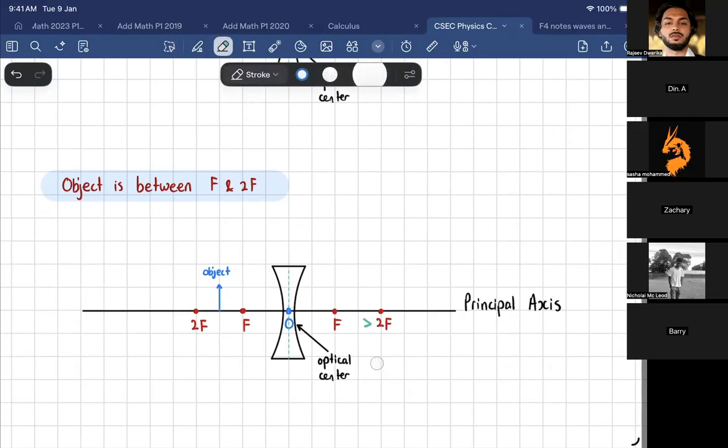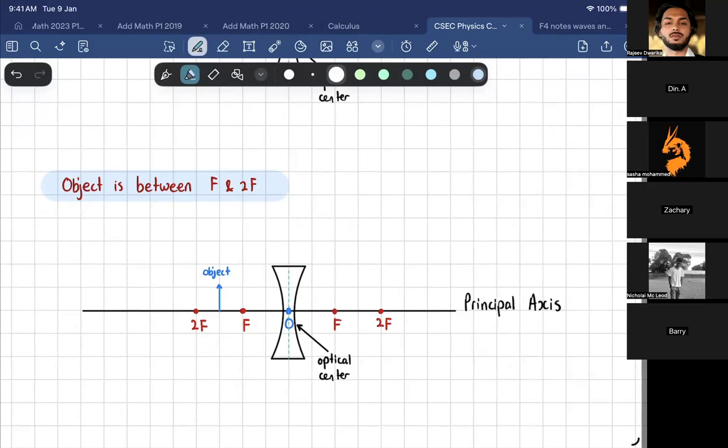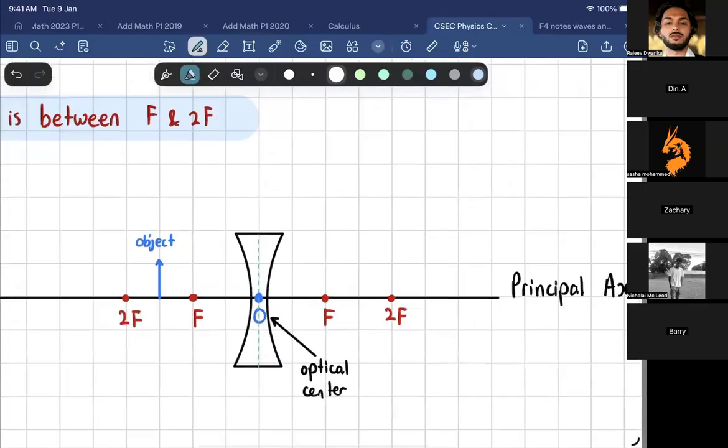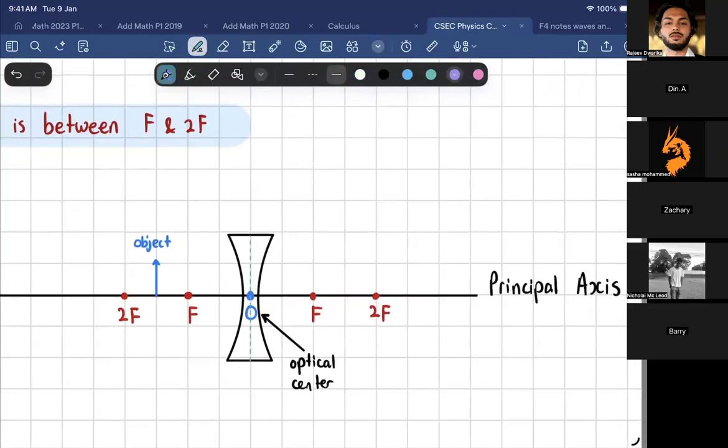Yes, sir. All right, which rule do I want to apply first? The parallel or the straight through? The parallel. Okay. So Zachary, I'm going to draw a parallel line to the principal axis. Let me know if you're confused by that.